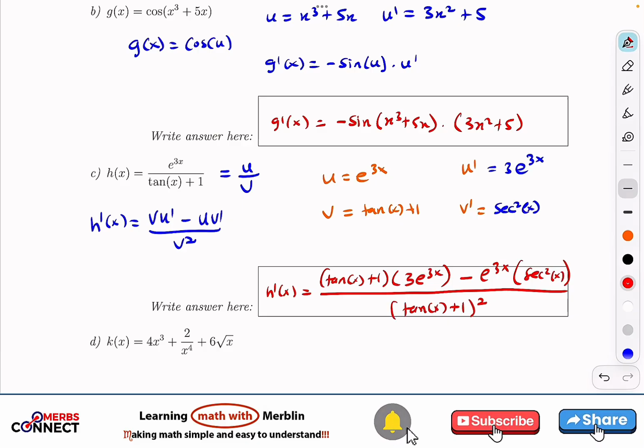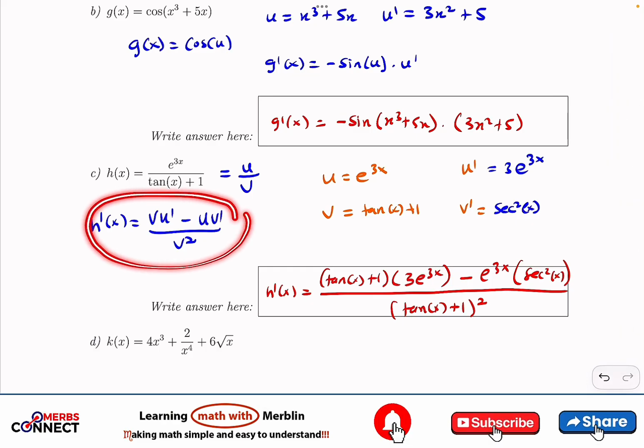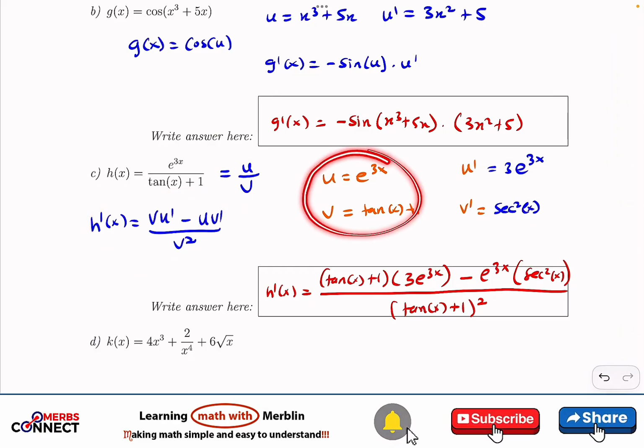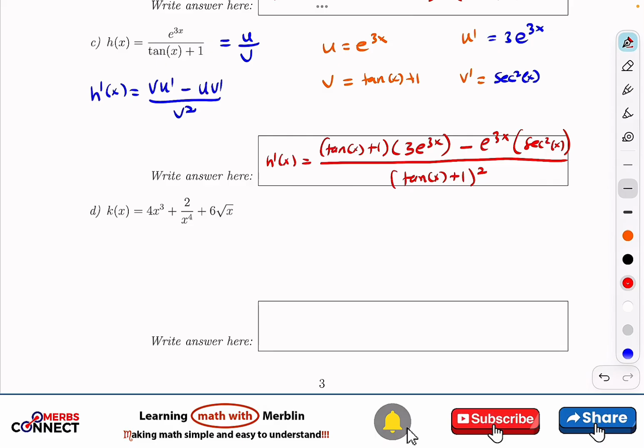So this is what I'm going to get at the end of the day. So it's just knowing the formula here and knowing how to differentiate these functions. The rest is just substitution and you are done.